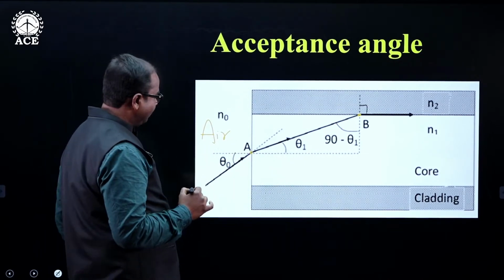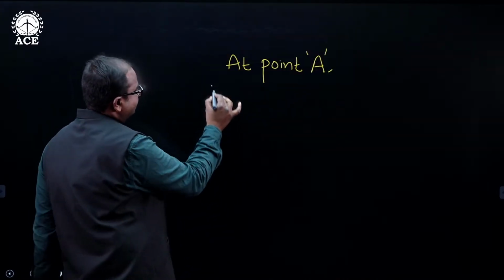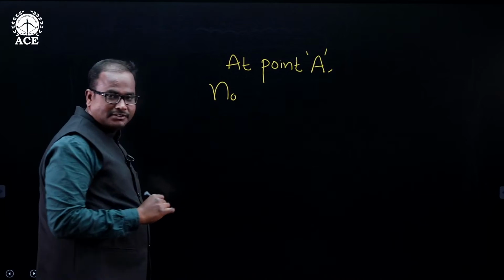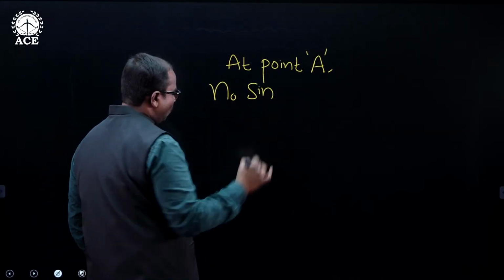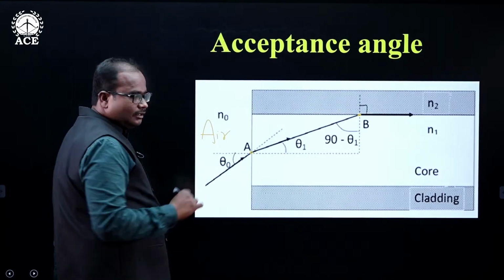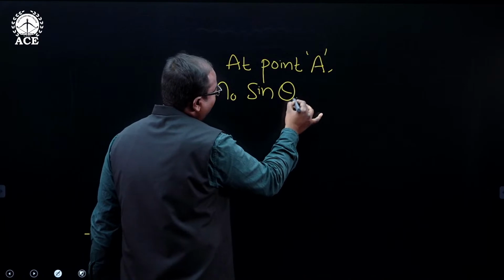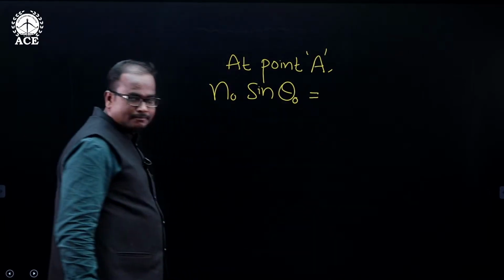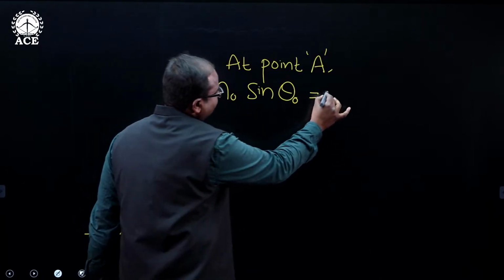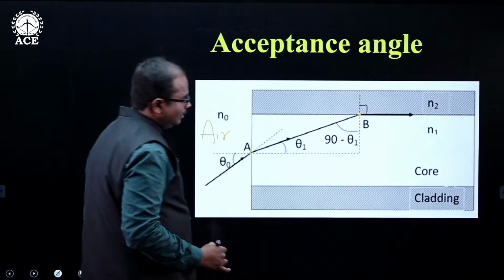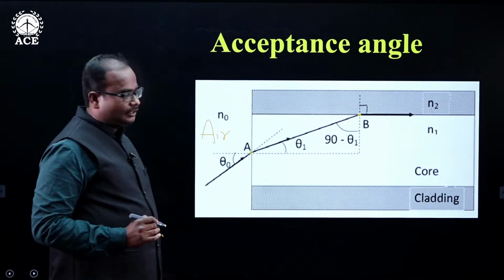The refractive index of air is N naught. So N naught into sine of the angle made in the air medium, theta naught, is equal to the refractive index of the core medium, N1, into the angle made in the core medium, that is theta 1.